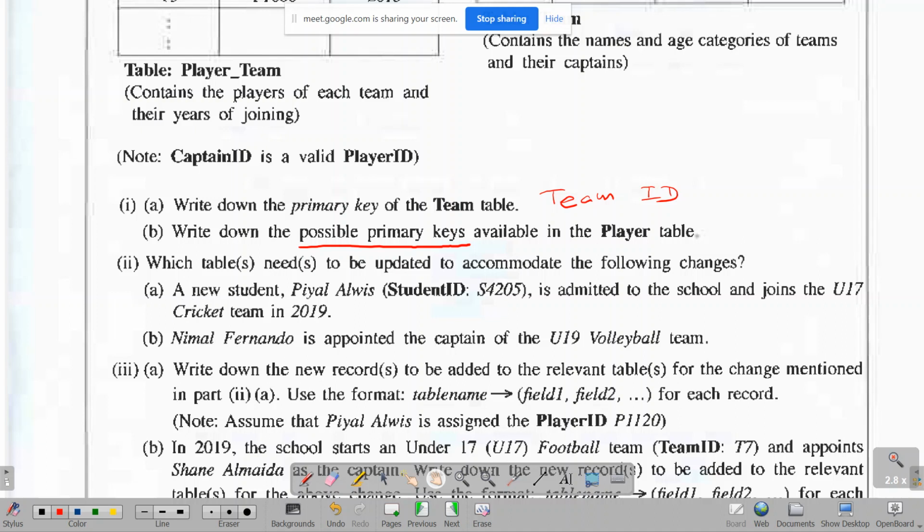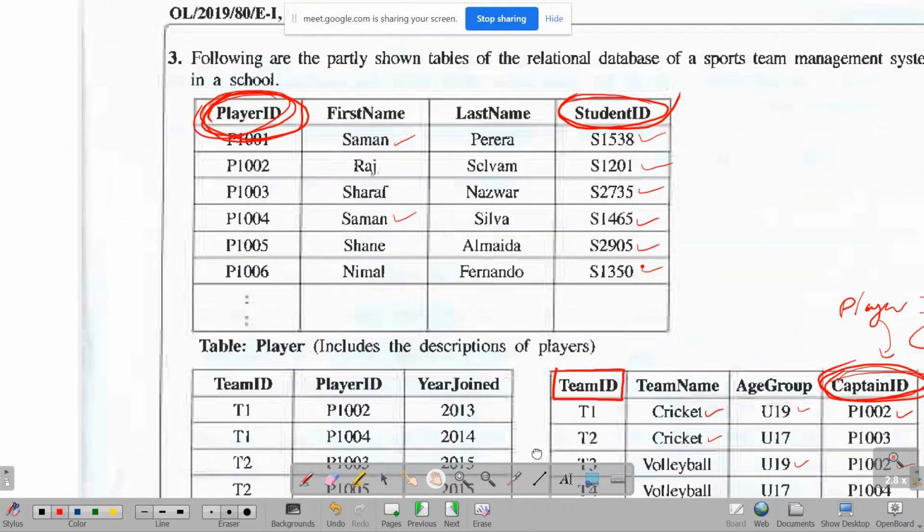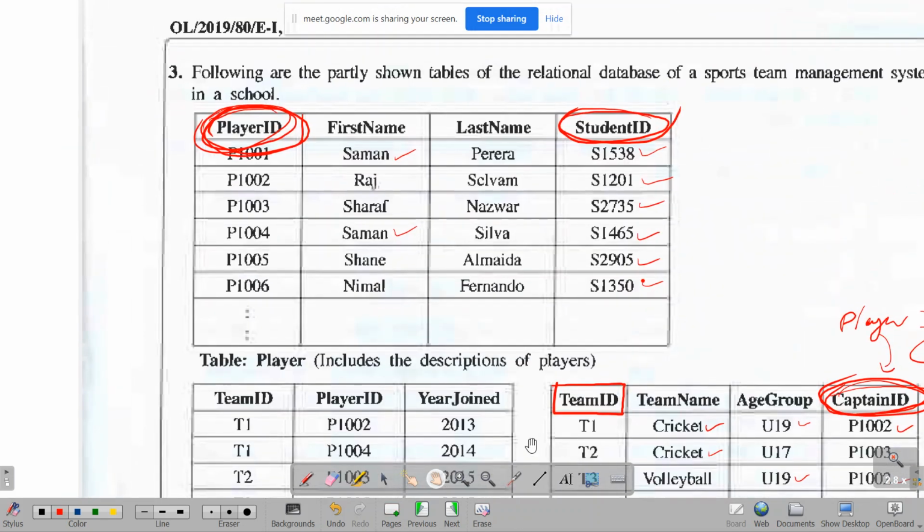So if it is a new student, definitely he is going to be a player according to this scenario. So that means a new player will be there. So you have to add a particular record to the player table.